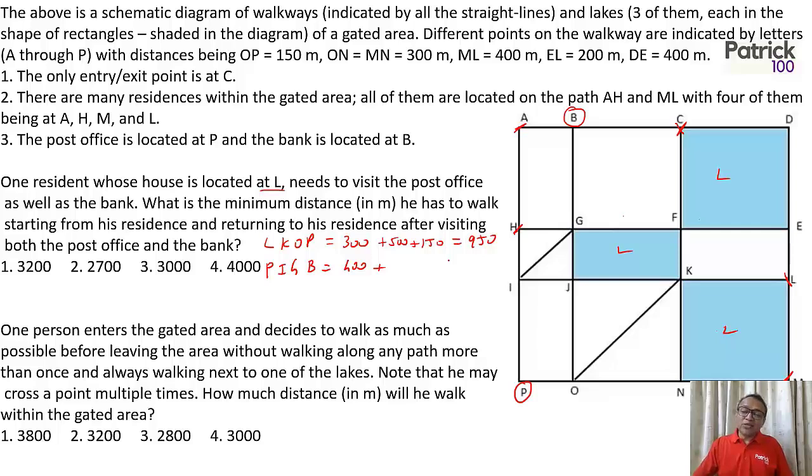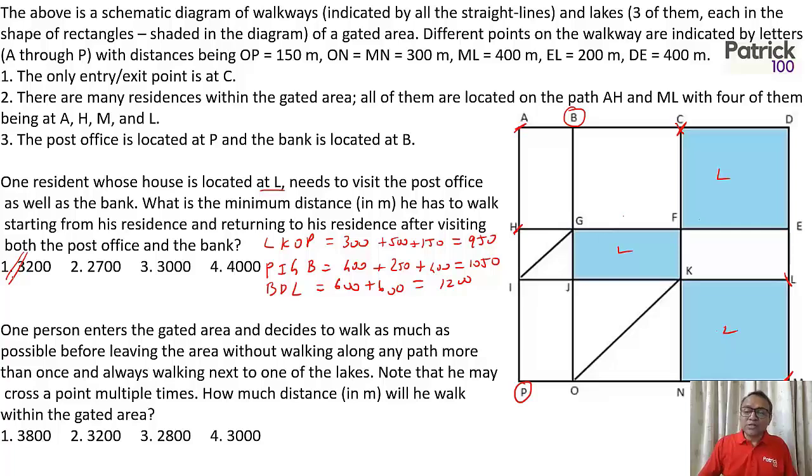For IG, again Pythagoras theorem: IJ is 150, JG is 200, so 150, 200, 250, the 3, 4, 5 triplet. You should be comfortable with triplets, it helps. And G to B is 400, so you get 1050. Then bank back to L, there is no slant, so you can go directly BD and DL. BD is 600, DL is 600, so you get 1200. If you add it up, you get 3200 for the first option.